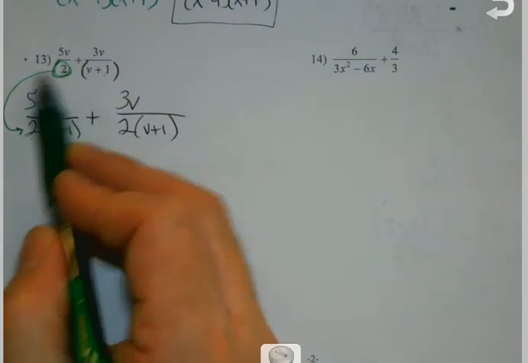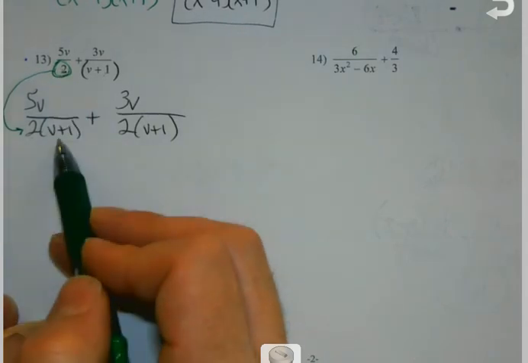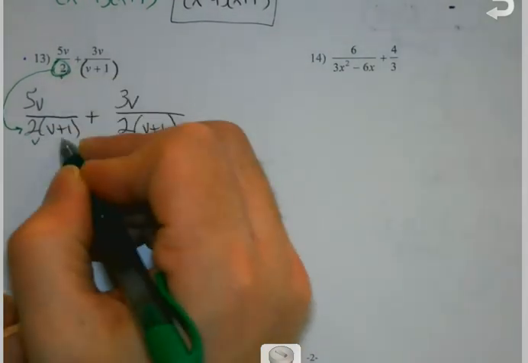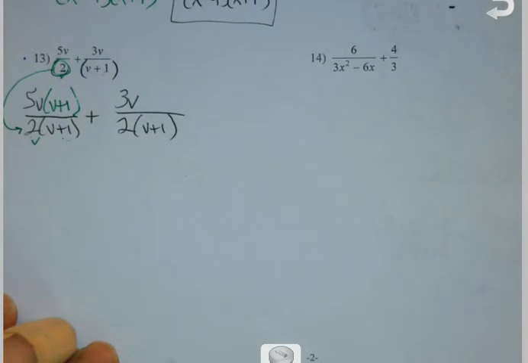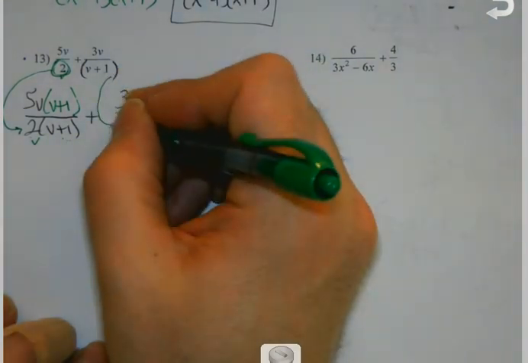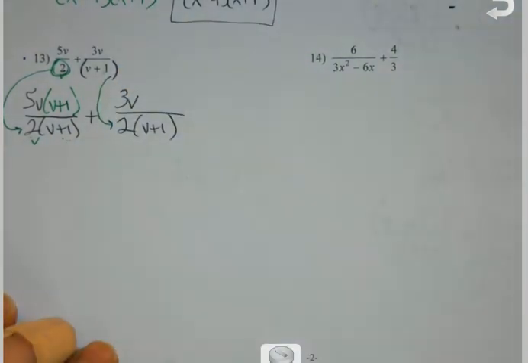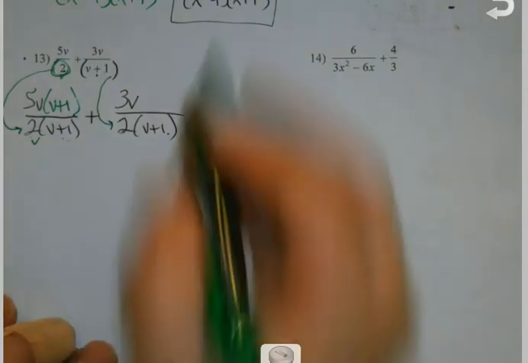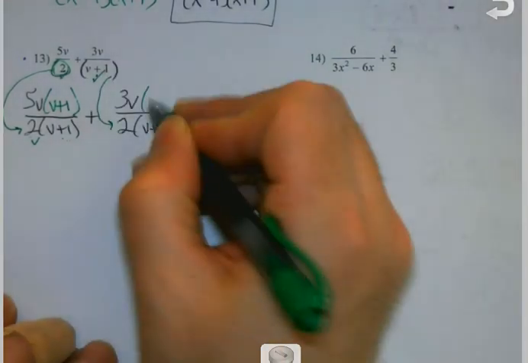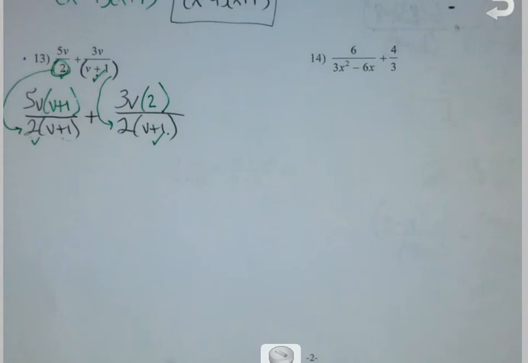So I already got the 2 part, so that's v plus 1 that's still there. And when I do it the second time, to multiply from v plus 1 to get 2 times v plus 1, I already got the v plus 1, I need the 2.